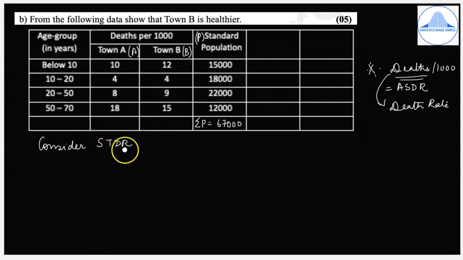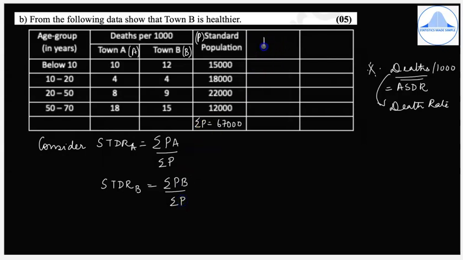So standardized death rate is denoted by STDR, and the formula is summation PA divided by summation P. This is for town A, where P will be the standard population and A will be the ASDR values for town A. Then similarly, we have to write the formula for STDR for town B. So I'll use a subscript B here, and the formula will be summation PB divided by summation P.